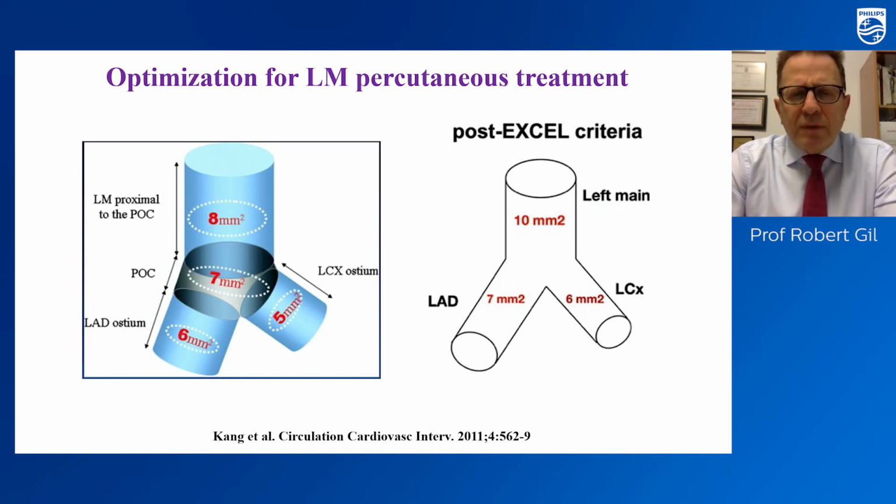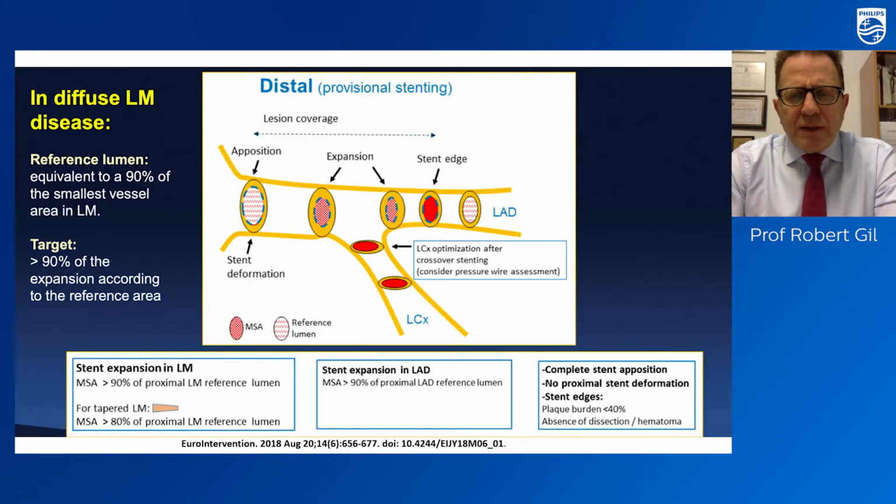However, we have to remember that Caucasian race means bigger people, bigger heart, bigger diameters of the coronary arteries. So therefore, based on data from the EXCEL trial, we can easily add up to 1 square millimeter to achieve a real optimal result after distal left main stenting.